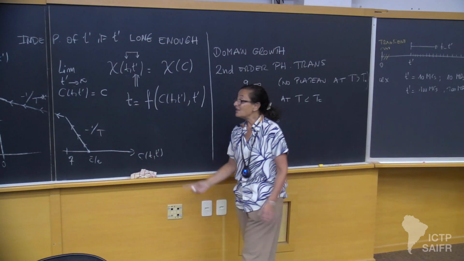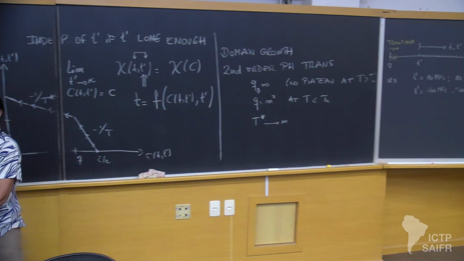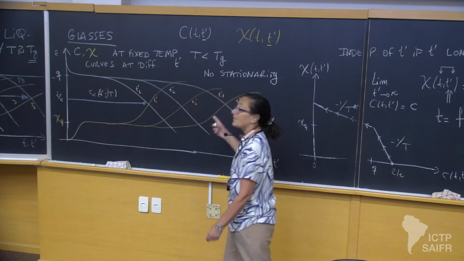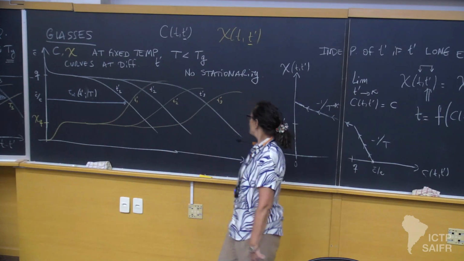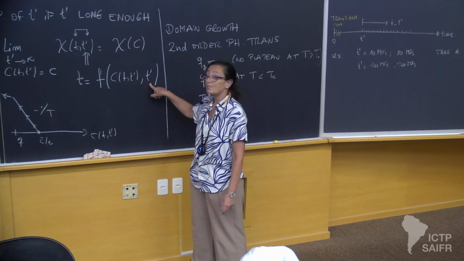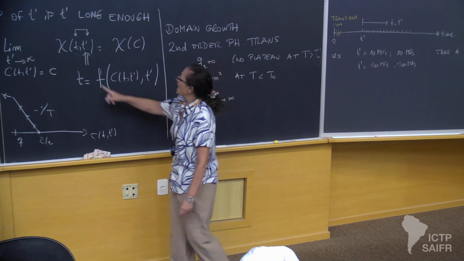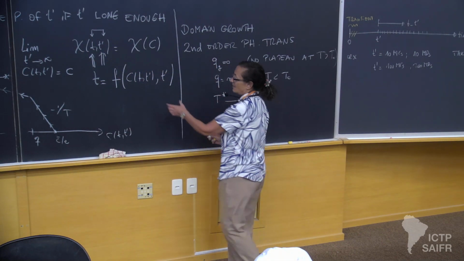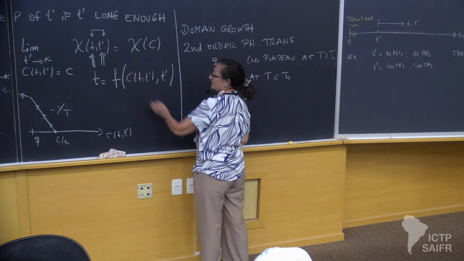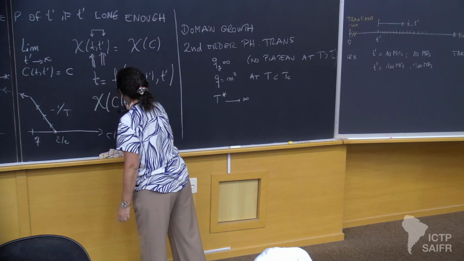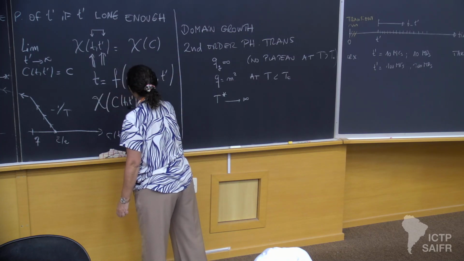Right? I can invert these curves. These curves are monotonic as a function of T minus T prime, each of them. So I can invert and write T as a function of the correlation value and T prime. I plug it in here, and then I still have a function of two variables, of course: C, the correlation, comma, T prime.